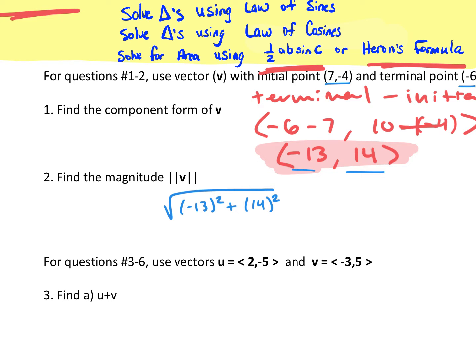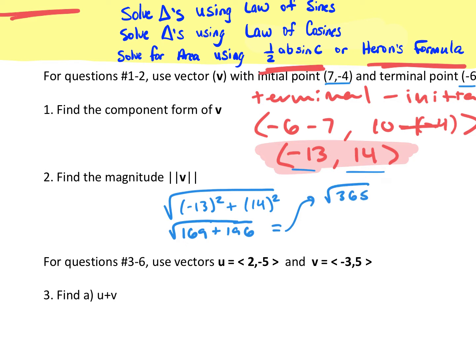So once we already have component form, we can just do the shortcut here. So -13 squared would be 169. And what is 14 squared? 196. So what's 169 plus 196? So the square root of 365.